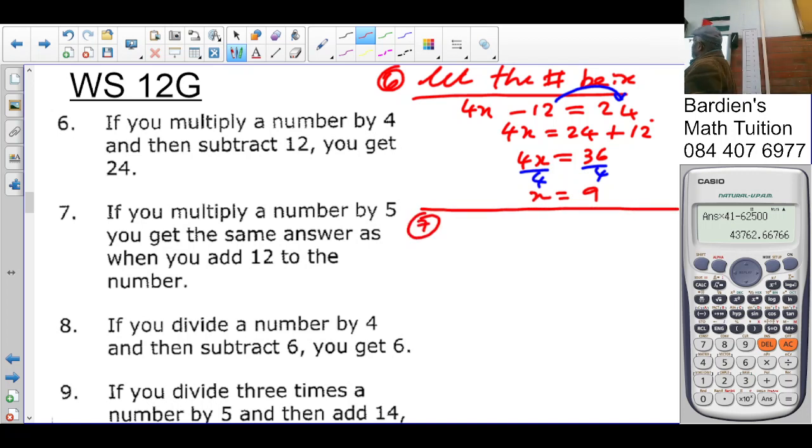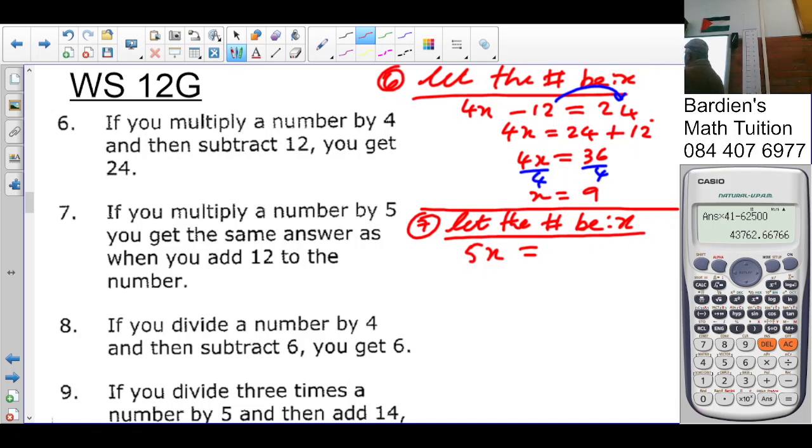Number 7. If you multiply a number by 5, so let the number be x. If you multiply a number by 5, that's going to give you 5x. You get the same answer as when you add 12 to the number.